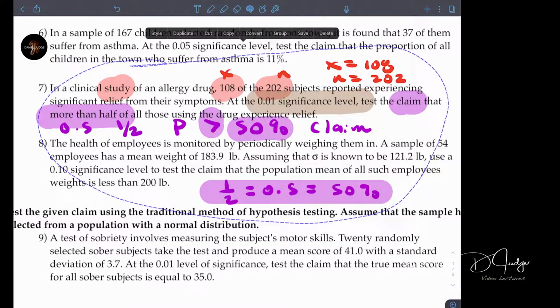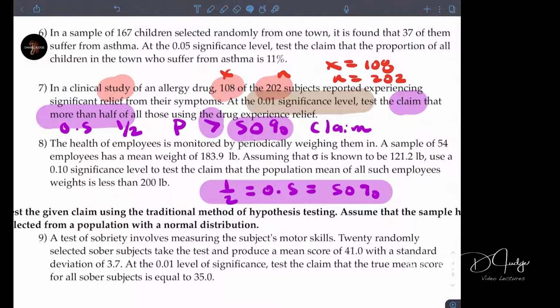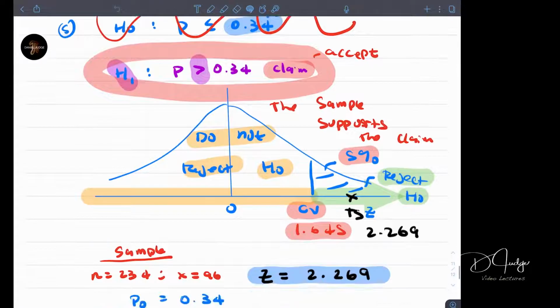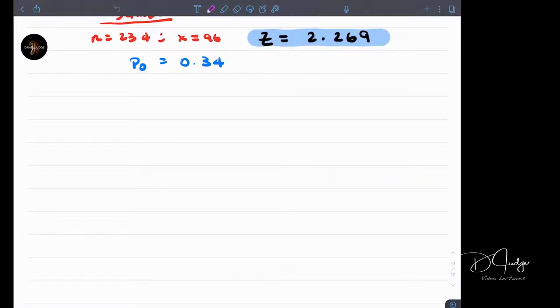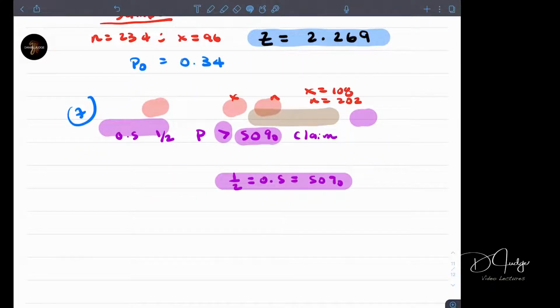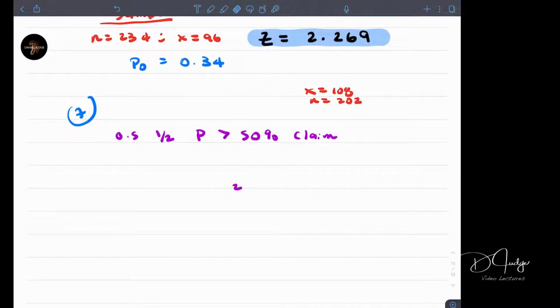All right, copy that. Let's go to our scratch. So for number 7 now, I'm going to clean this up. All right, so here we go.